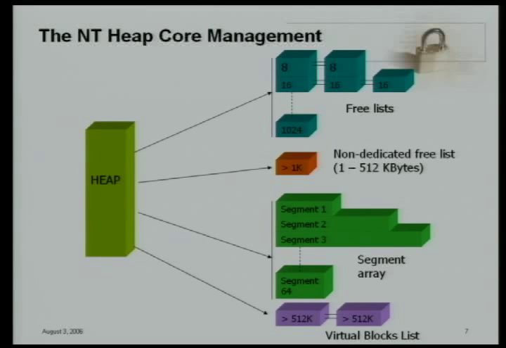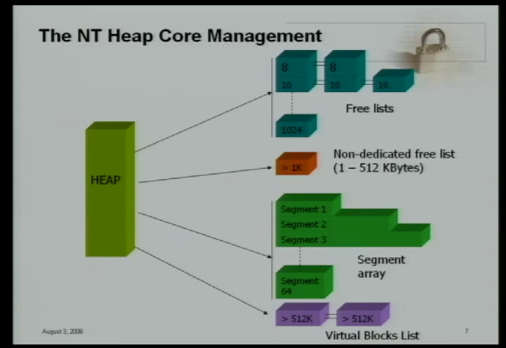So these are the basic structures I'm going to refer to in this talk. I just wanted to focus on two things here. There is an array of 128 list entries. 127 of them are dedicated to hold free blocks of a particular size: a free list for 8-byte blocks, a list for 16-byte blocks, and so on, up to 1K.